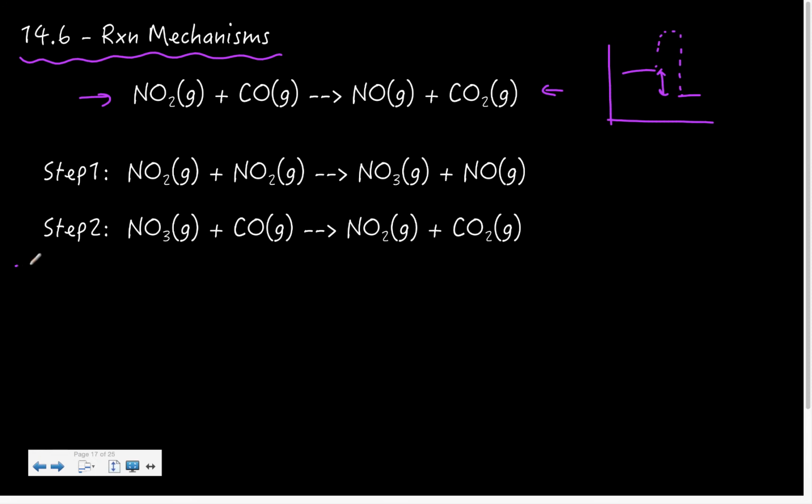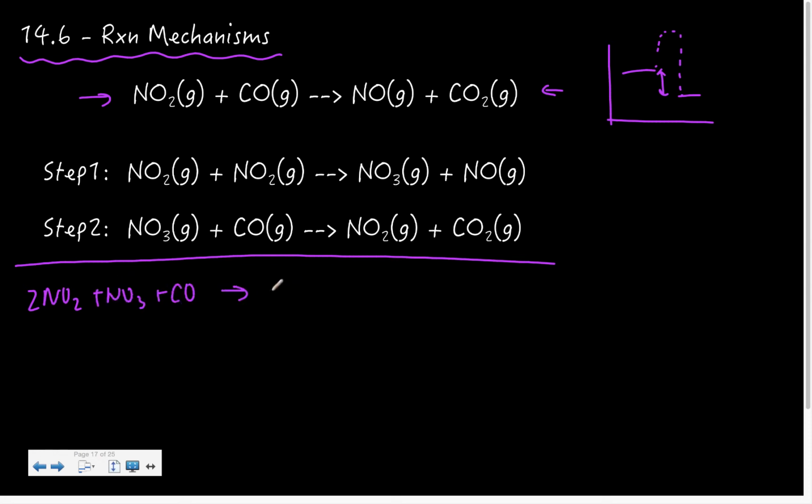When we sum these two reactions, we get the overall reaction. If we sum it up literally, we have 2 NO2 plus an NO3 plus a CO, and that gives us an NO3, an NO, an NO2, and a CO2.